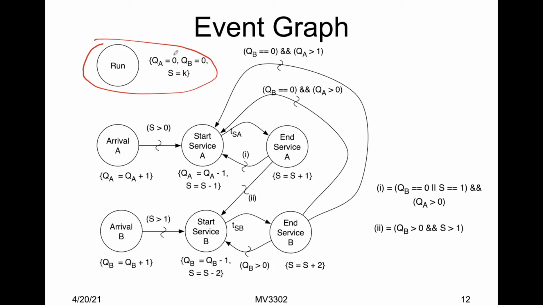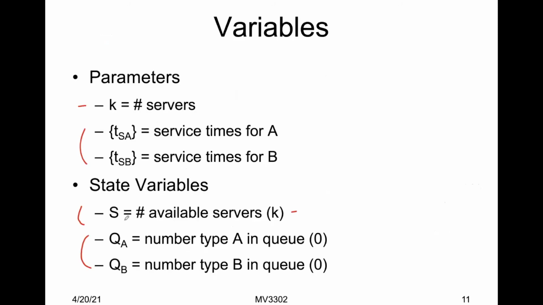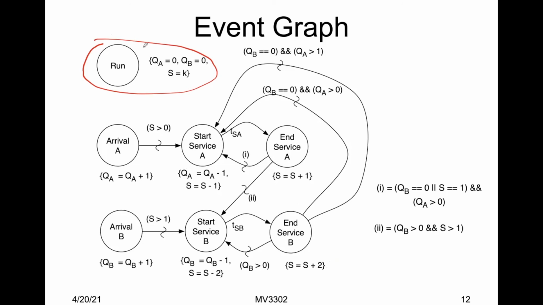We can always start with the run event because we can identify our initial state variables. So none in the queue of type A, none in the queue of type B, and K available servers. Okay, no problem there. So let's ignore the scheduling edges for now.